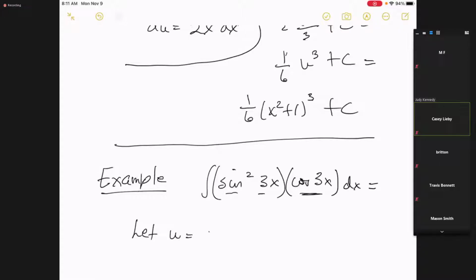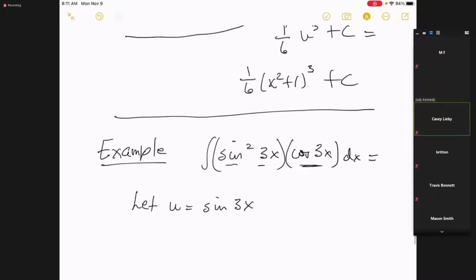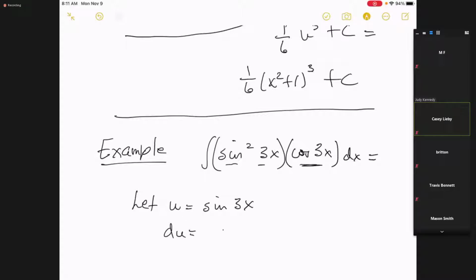So let u be the sine of 3x, then du is the cosine of 3x times 3, because of the chain rule, since 3x is an inside function too.